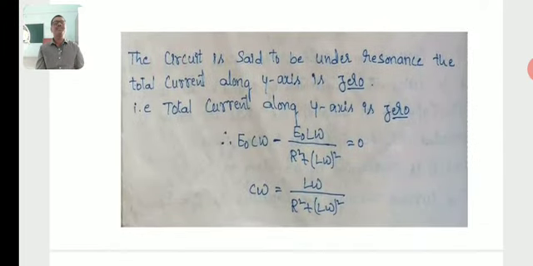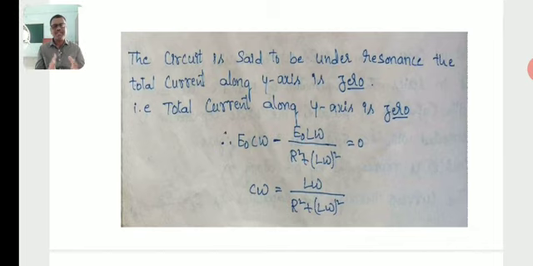The circuit is said to be under resonance when the total current along the y-axis is 0. That means E naught C omega minus E naught L omega by R square plus L omega square is equal to 0.